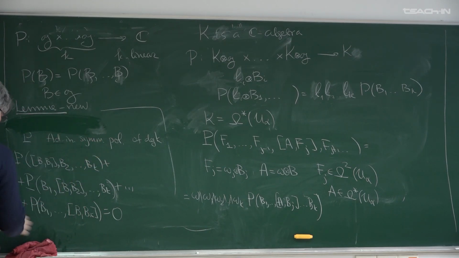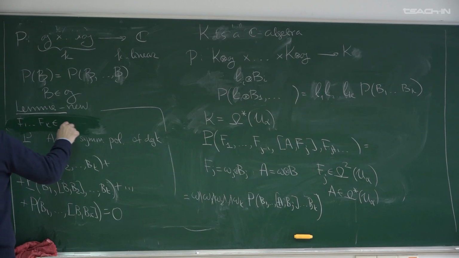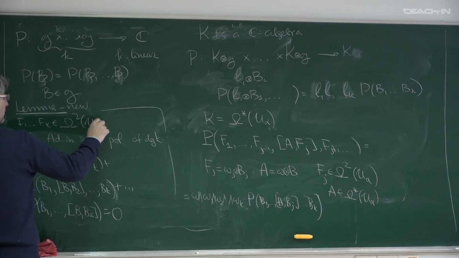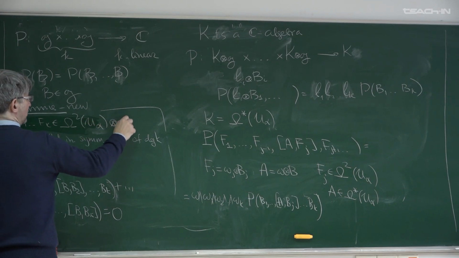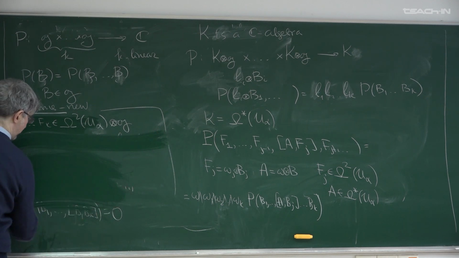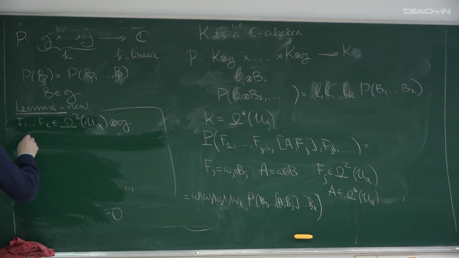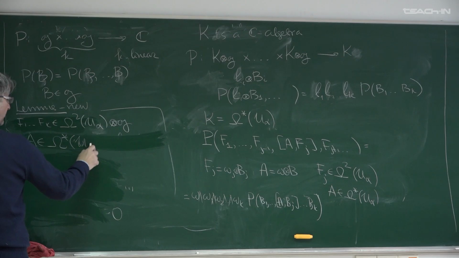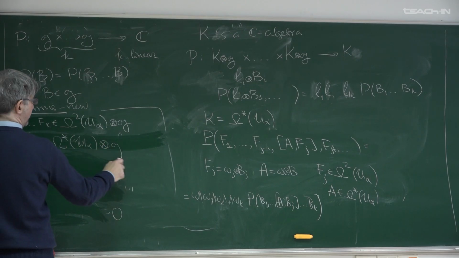So f1, fk belong to two forms with values in the Lie algebra g, and A will be some differential form with values in g.